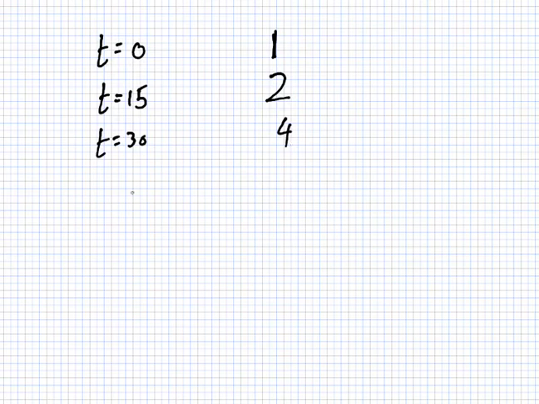And I'll give you a little bit of a hint just to get you started. Bacteria grows exponentially. So you could use this formula. The number of bacteria, let me call that N, is equal to A e^(BT).